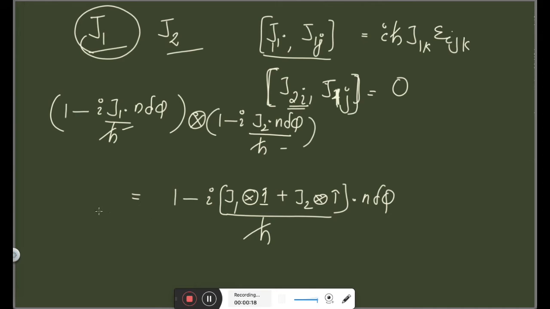Okay, so if I write the finite angle version, you will get D1 of rotation direct product with D2 of rotation, and what you will get is e raised to minus i J1 dot n phi by ħ direct product with e raised to minus i J2 dot n phi by ħ, and what you will get is a total angular momentum which satisfies J equal to J1 plus J2. This is known to us.